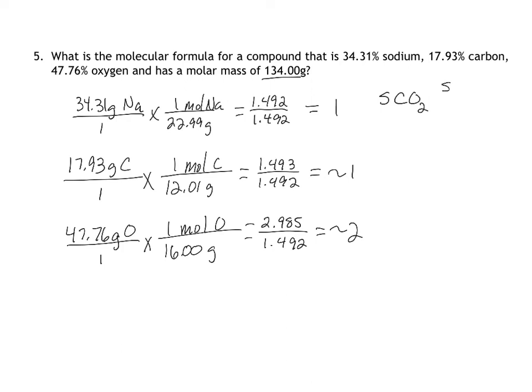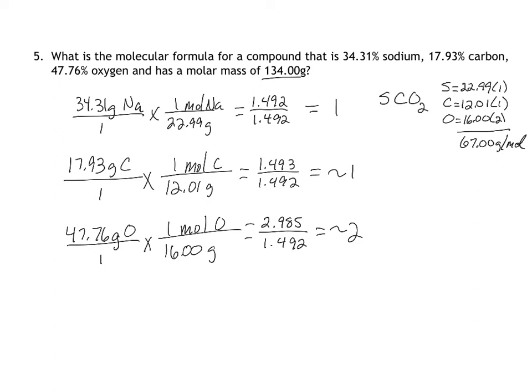I need to figure out what is the weight of my empirical formula. So I need to do S, C, O. Sulfur was 22.99, and I only had 1 of them. Carbon is 12.01, and again I only had 1. Oxygen is 16, and I had 2 of them, which means my total is going to be 67 grams per mole.